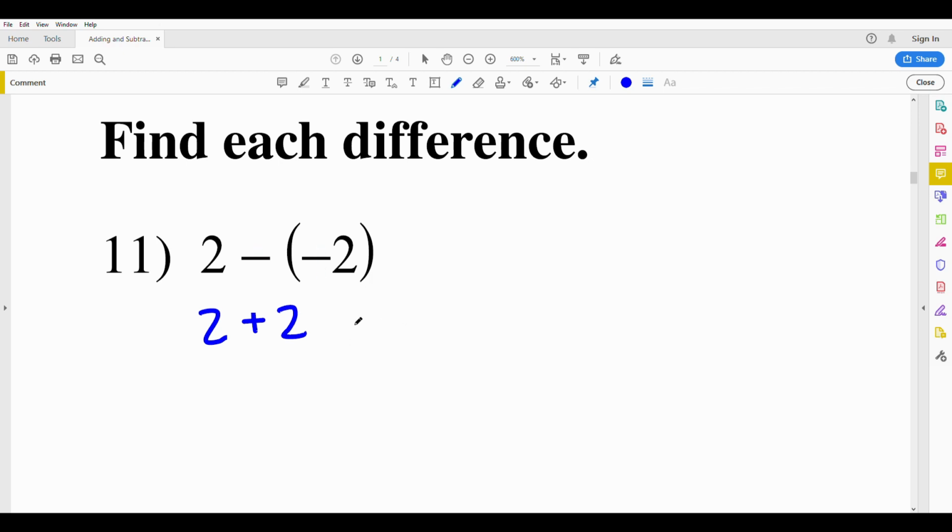And 2 plus 2 equals 4. You can also think about it as starting in the positives, and then we're taking away, moving to the left. So if we're not moving to the left, we're going to be moving to the right. So 2 minus a negative 2 is 2 plus a positive 2.